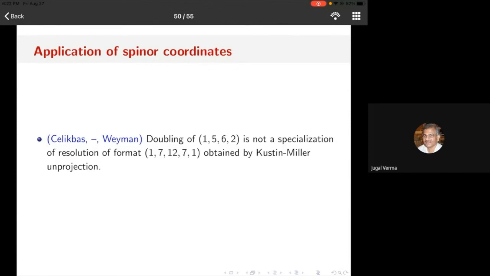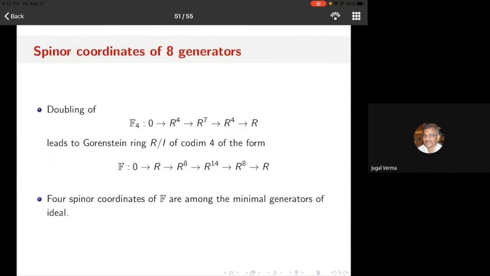So next, we have one more example, which is for the grade 4 Gorenstein ideal with 8 generators. Here this doubling is constructed using the almost complete intersection coming from 1, 4, 7, 4.